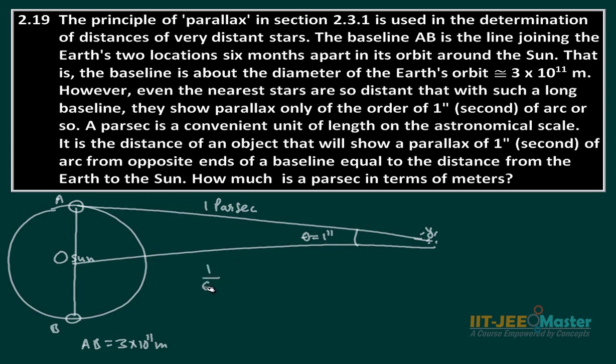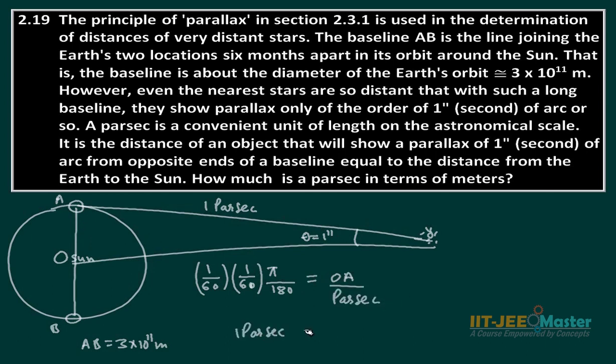It will be 1 by 60 minute, now it becomes 1 by 60 degrees. Now 1 by 60 into 1 by 60 into pi by 180 becomes radians, and this is the value of theta in radians. That will be equal to AO, that is the arc, upon the parsec, the radius.